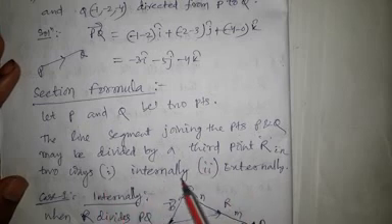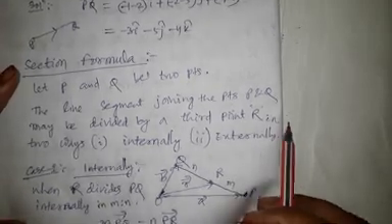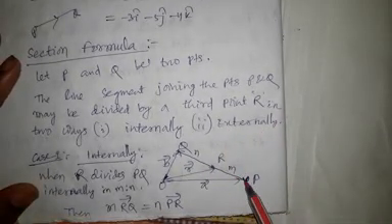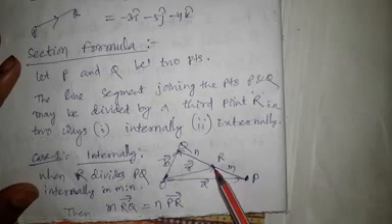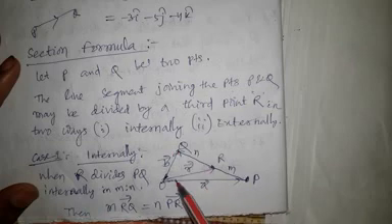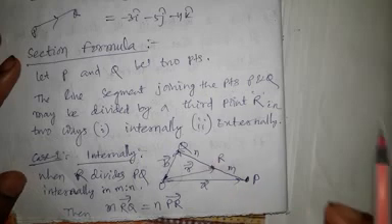One is internal division, another is external division. In internal division, this is the line PQ, R is the internal division point. This is the A vector, this is the B vector. This is the resultant vector created by M is to N internal division.